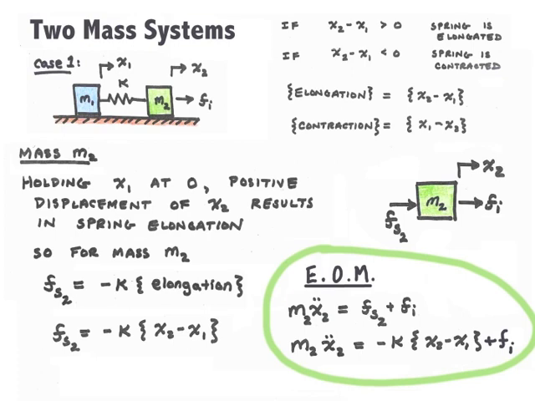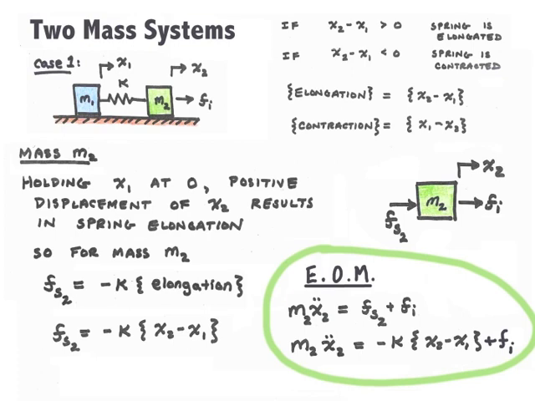That tells me the relationship between Fs2 and the displacements x1 and x2. I know that Fs2 will be equal to minus k times the elongation, because when x2 is positive, the elongation is positive, and Fs2 will be negative.